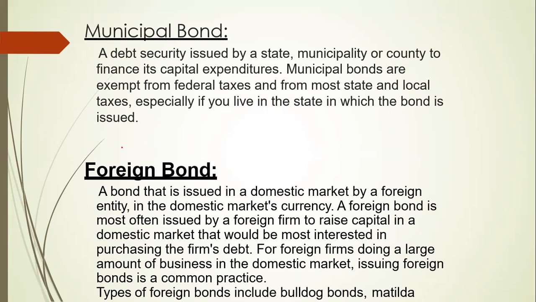They are debt securities issued by a state government, municipality or county to finance its capital expenditures, to meet the immediate requirement of capital expenditure. Municipal bonds are exempt from federal taxes and from most state and local taxes, especially if you live in the state in which the bond is issued.